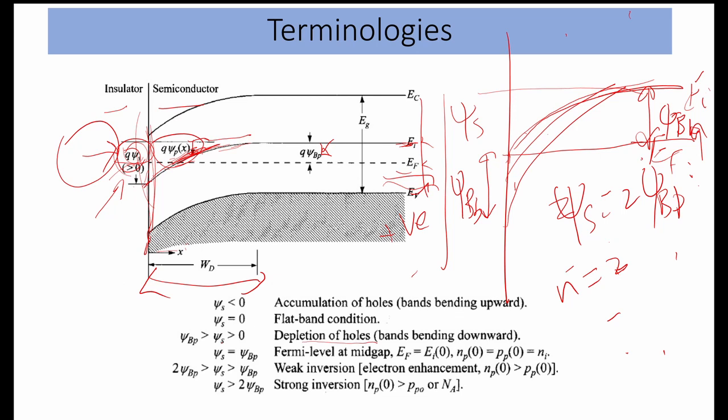What I am saying is that the hole concentration in the bulk, p naught, when it was not joined together, is equal to the electron concentration at the interface when we apply a positive bias.